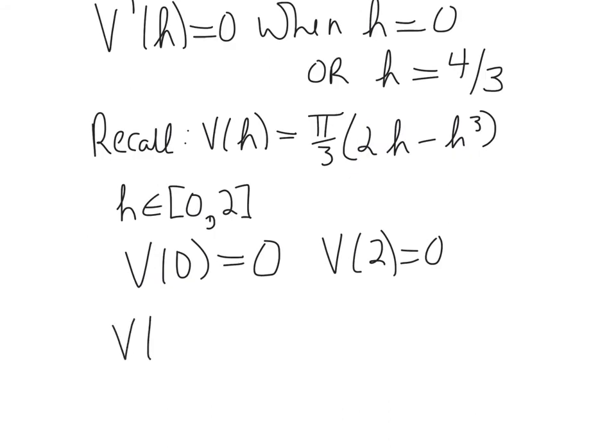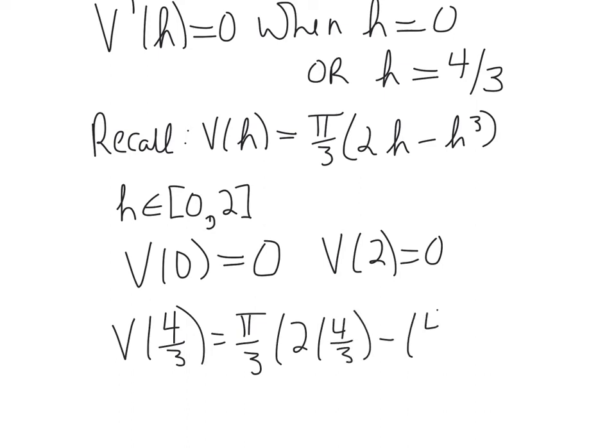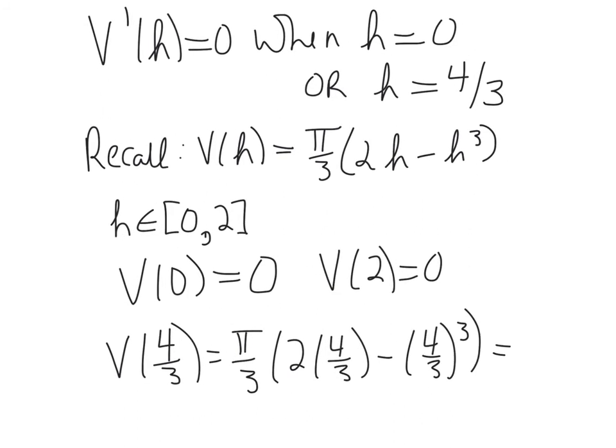And v of our critical number, 4/3, is equal to pi over 3 times 2 times 4/3 squared minus 4/3 cubed. And if I work that out, I get 32 pi over 81, which is certainly larger than v of 0 or v of 2.